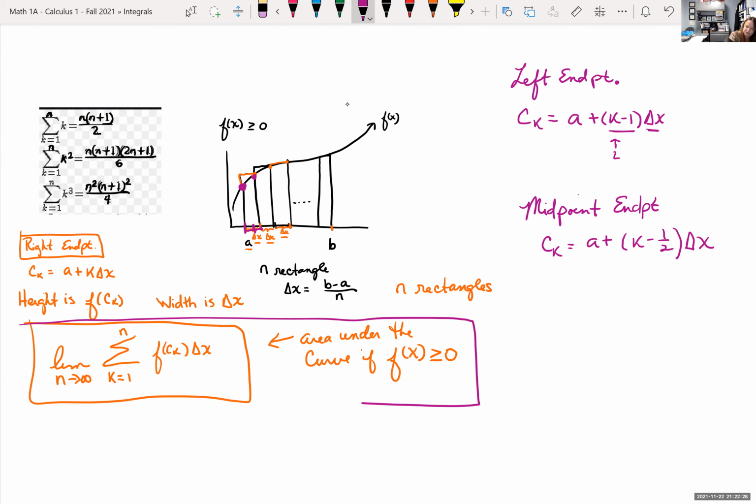Any way we decide to do it, this is going to be the area. It really does not matter which endpoint we choose in the long run, because we're going to have an infinite number of rectangles, which are basically just lines that fill this in.